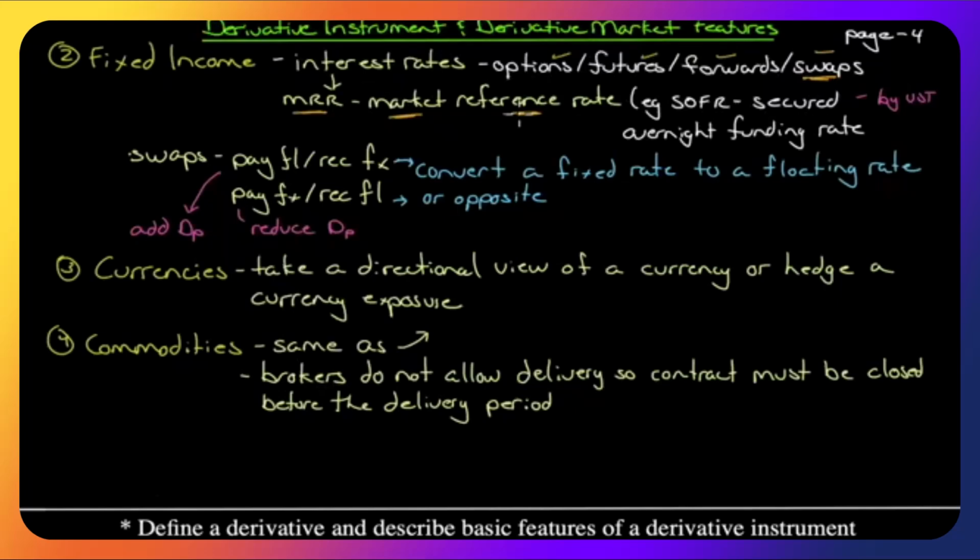So setting up these cross-currency basis swaps always required some analysis of the credit risk involved. Well, now that's gone. LIBOR has been replaced with SOFR, the secured, notice now it's secured, overnight funding rate. And it is secured by U.S. Treasuries. So it will be a lower rate than what LIBOR would be because LIBOR was an interbank lending rate that was unsecured. So let's see how swaps work.